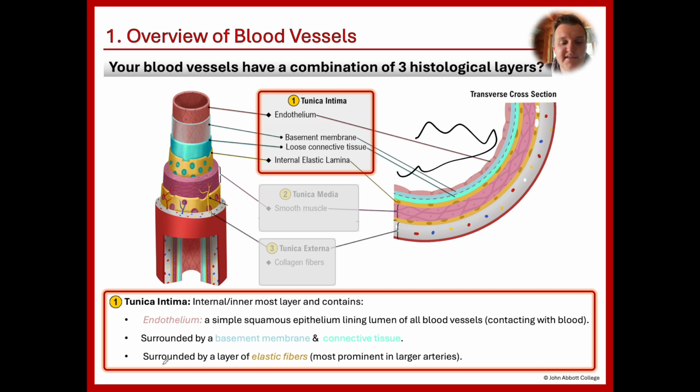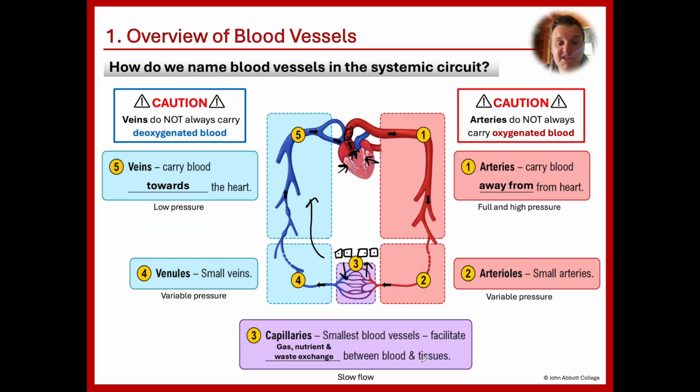And then on the outside, we haven't talked about this a lot, but arteries have this little layer of elastic fibers. So here you have this internal elastic lamina. These are some elastic fibers that are most prominent in large arteries. So actually, these large arteries over here will be the ones that mostly have this nice layer of elastic fibers.